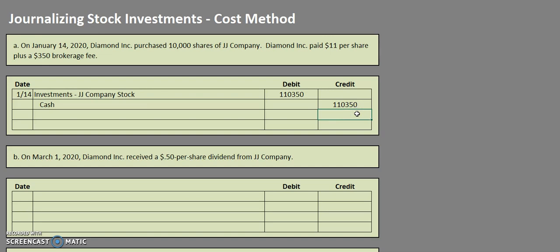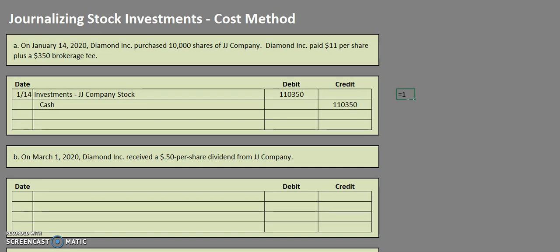The one thing I would recommend before you move on to the next step is to readjust what you actually paid per share. It says that we paid $11 per share, but that's not quite true. We also paid this $350 brokerage fee, and that is going to adjust how much we actually paid per share. So let's take a look at that.